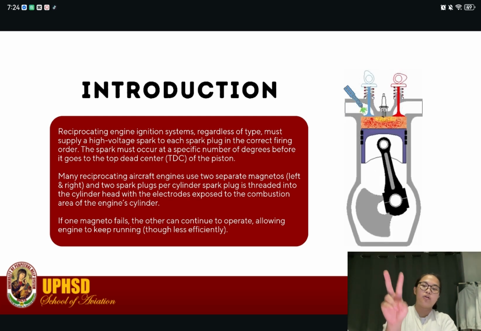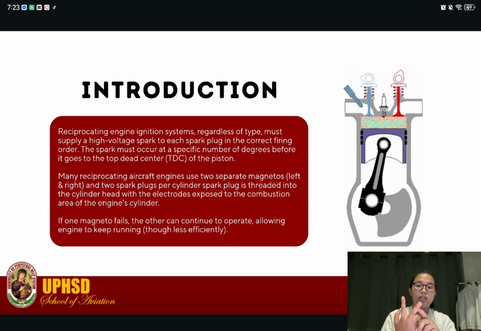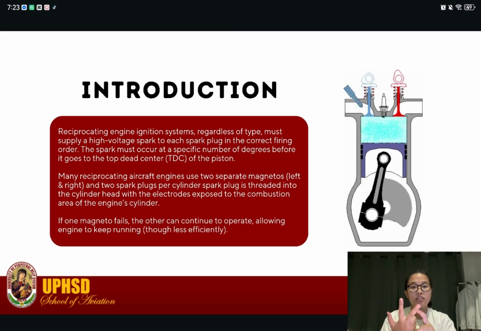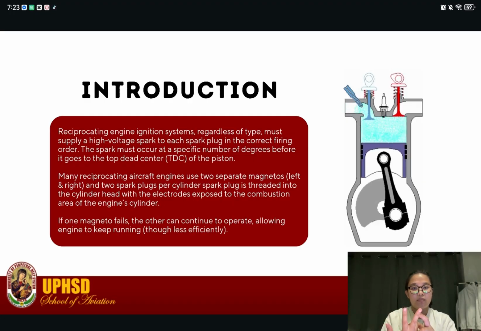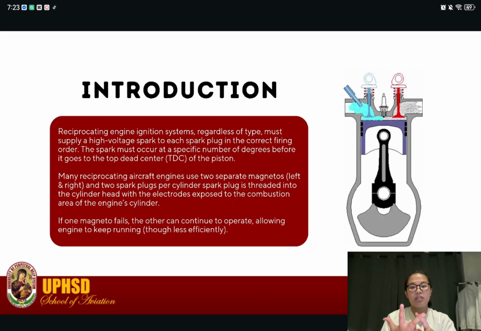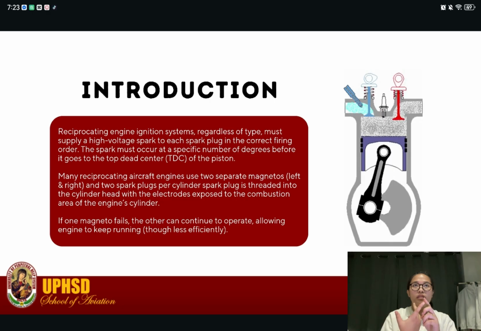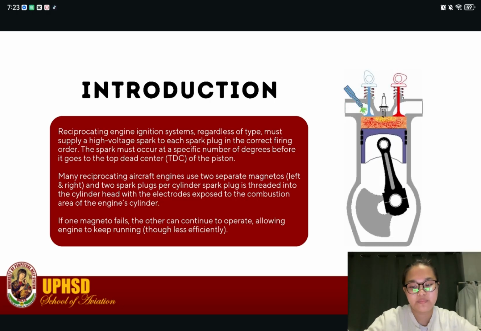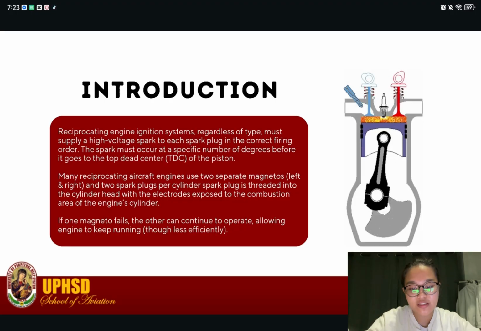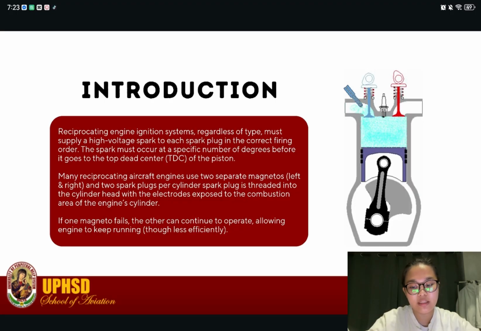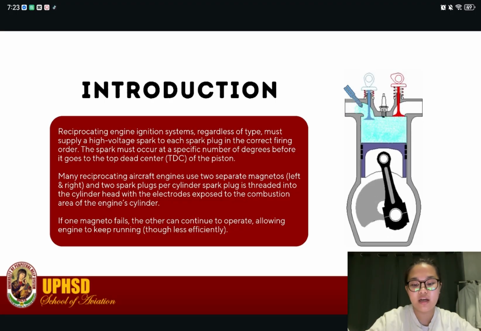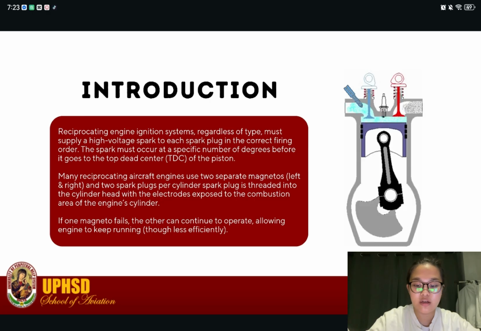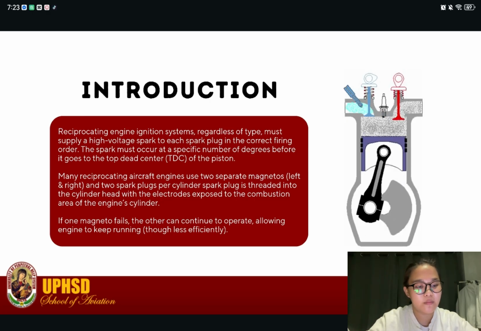The first one is for redundancy of the system, for better power and better ignition, and the second one is for backup. If one magneto fails, the other can continue to operate, allowing the engine to keep running, though less efficiently.